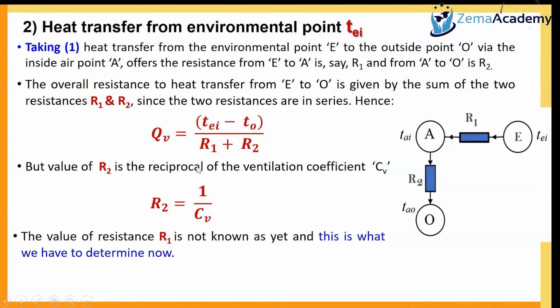We need to find out what this resistance should be, because obviously, when heat is transferred from this point to this point, the heat is following the current and it will experience some resistance. So this R1 is a thermal resistance and we need to determine what sort of resistance this is.